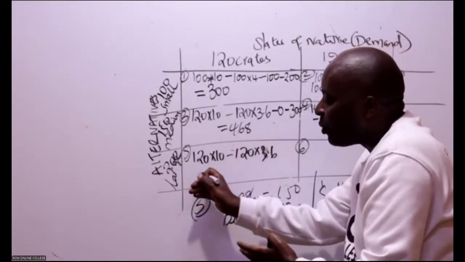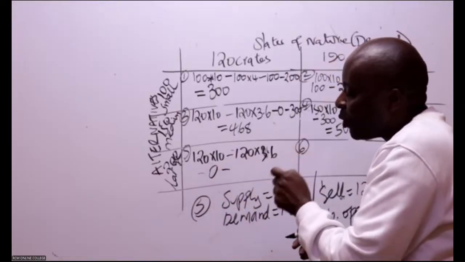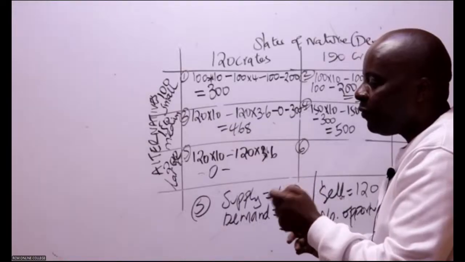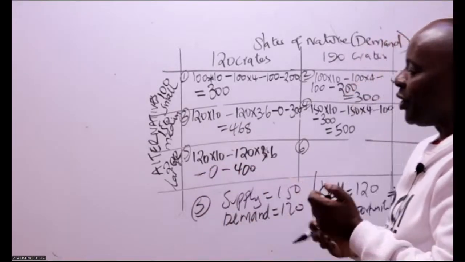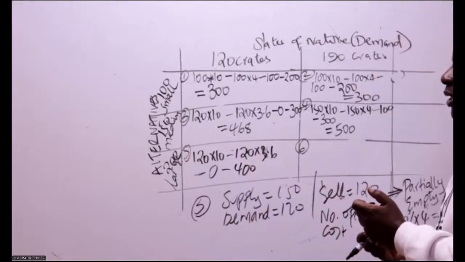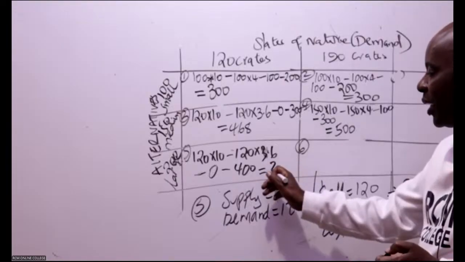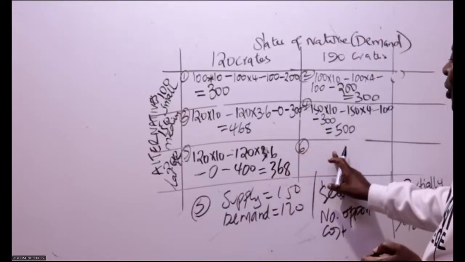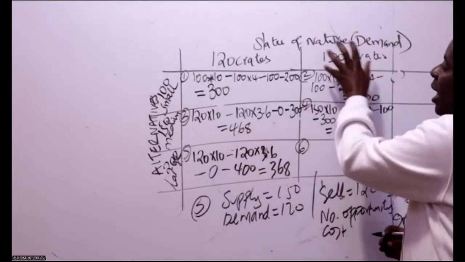And then remember, these are large vans. What is the depreciation for the large van? 400. I'm putting 0 for your revision. So then this gives us what figure, ladies and gentlemen? This gives us 368.